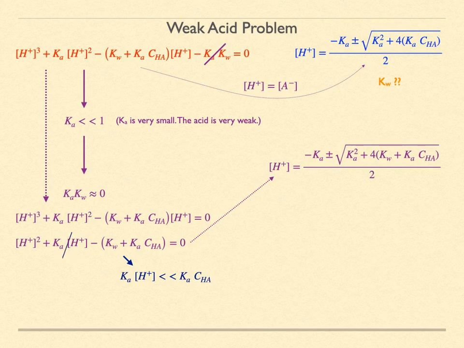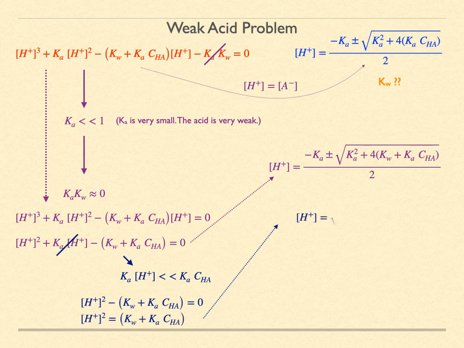Our equation has now become very simple. And we bring up the constant term on the other side and solve for H plus. And this is our next approximation, which is for very weak acids, but still includes some contribution from water autodissociation.